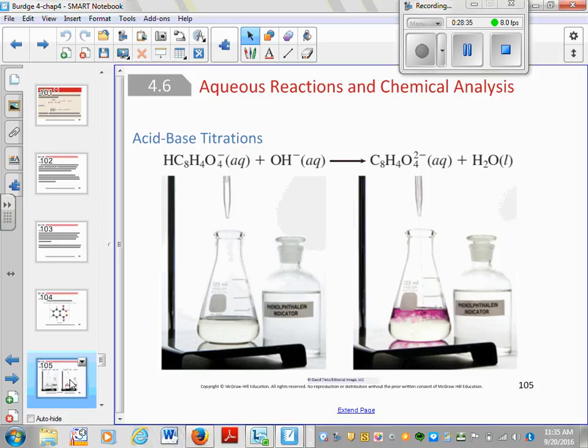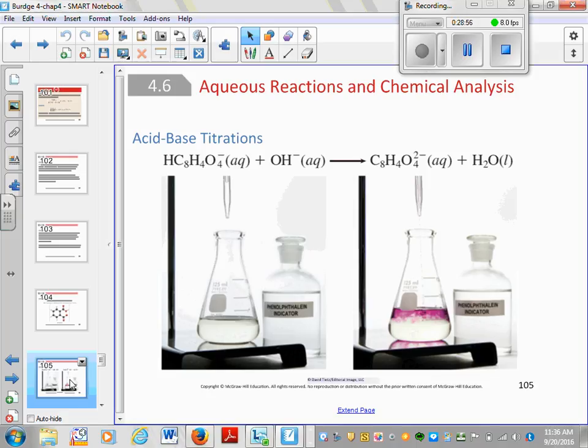So you start adding the base to the acid, start neutralizing the acid. It reacts. Once we completely neutralize it, the next little half a drop of base turns the solution basic, and it'll go to a pink color. So that's when we're done.